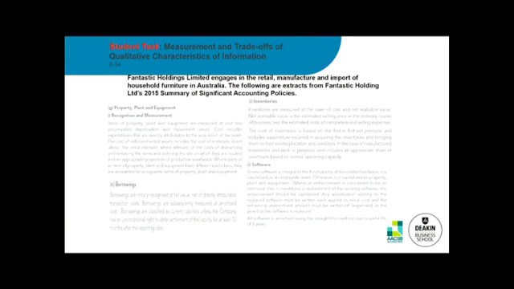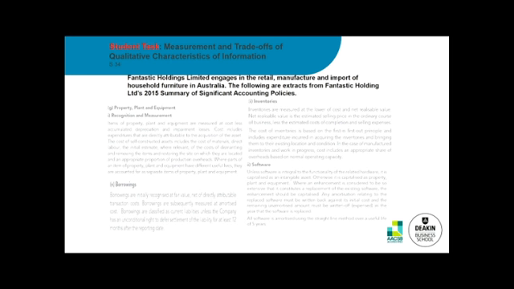Now, they are not all the measures. There are many other measures, but they're the main ones that are mentioned in your textbook. What we've got up here now is an extract of a company called Fantastic Holdings, and this is a summary of their significant accounting policies.